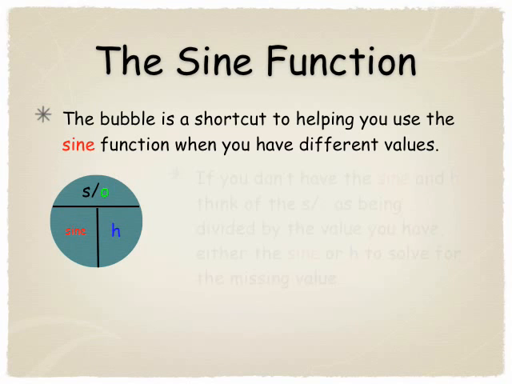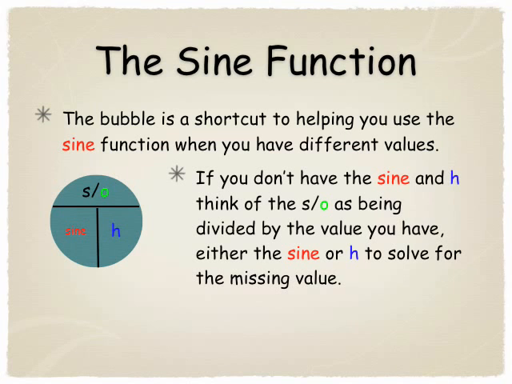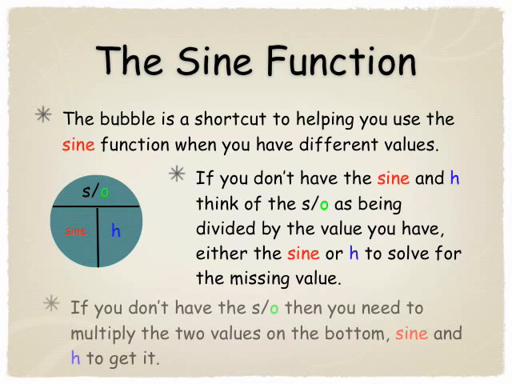Looking at the bubble, we see that if you have the sine or the hypotenuse, you can think of the side opposite as being divided by the value of either to find the missing value. If you don't have the side opposite, then you need to multiply the two values on the bottom, the sine and the hypotenuse, to get it. So the sine of the angle times the hypotenuse equals the side opposite.